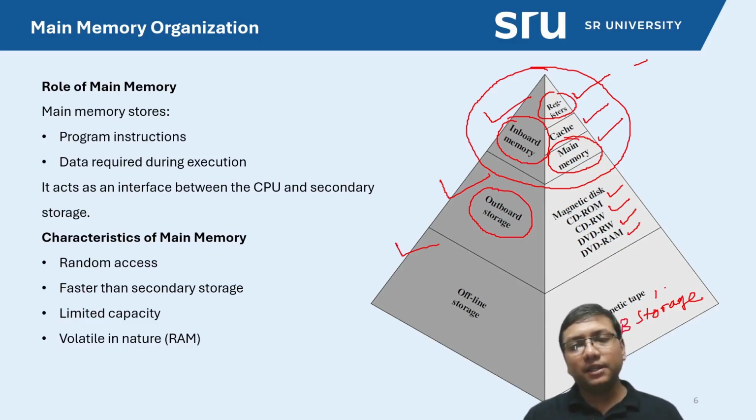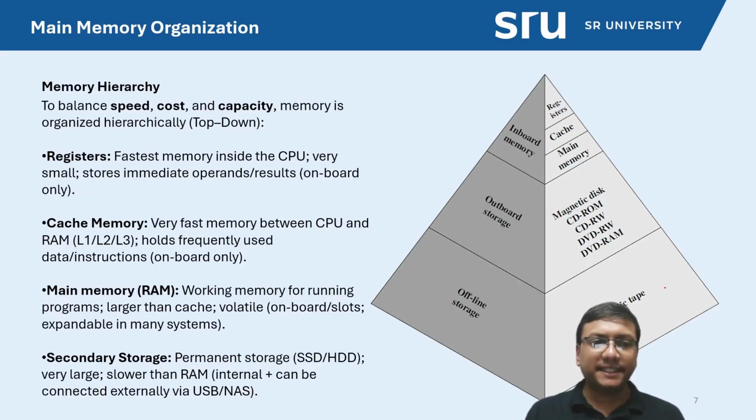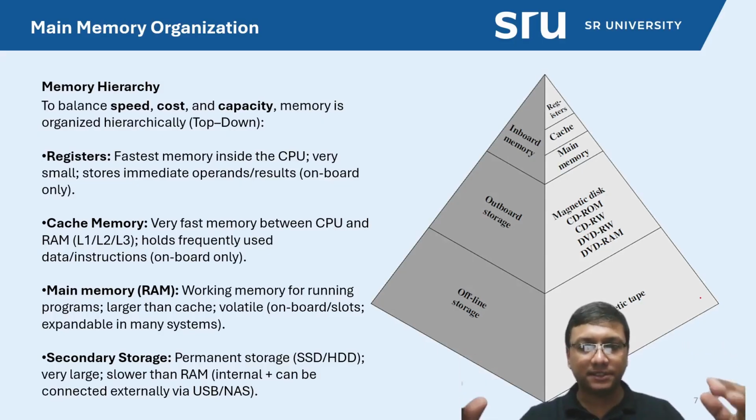Now you might be wondering why these memories are arranged in a pyramid shape. This is called the memory hierarchy. Hierarchy means some arrangement in levels.